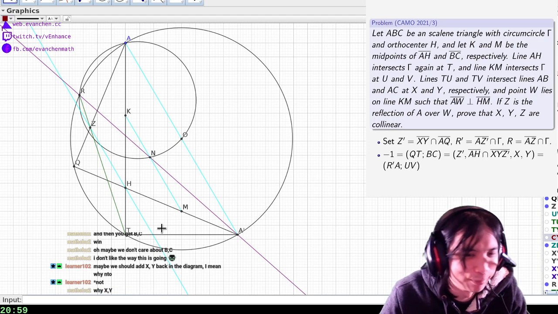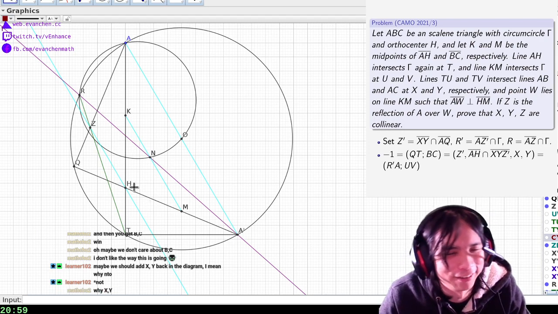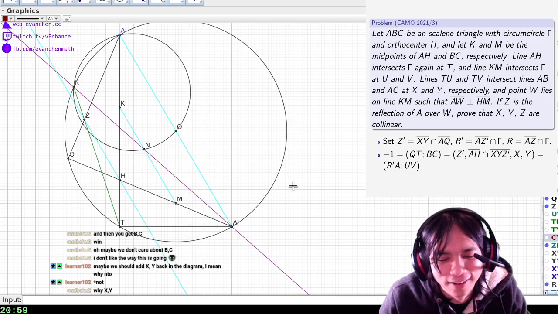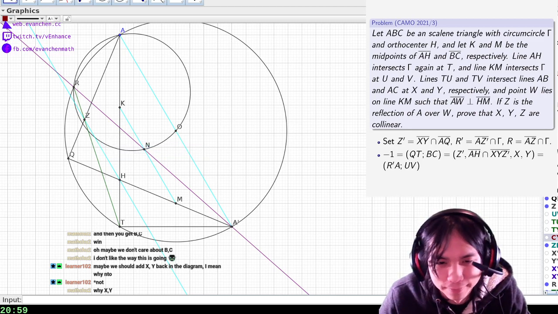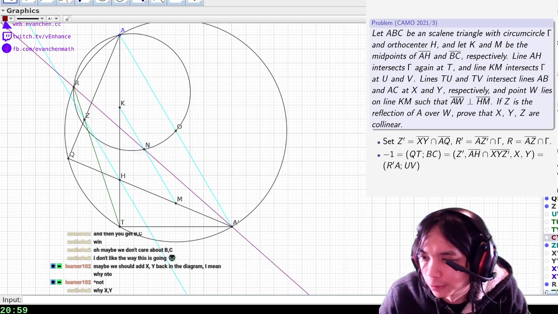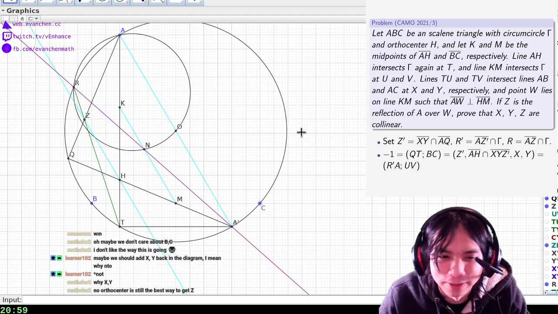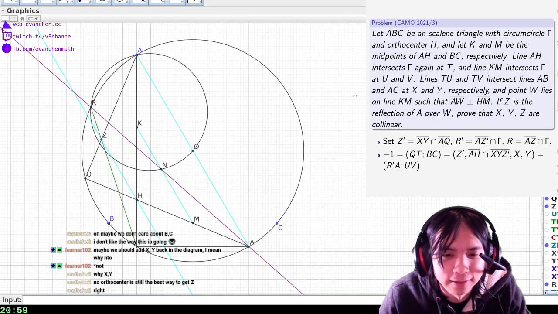You want to add X and Y back? No! I worked so hard to get rid of them! Here, I want to turn this diagram though. Unfortunately I defined the diagram in terms of B and C, so I need them to do this operation.